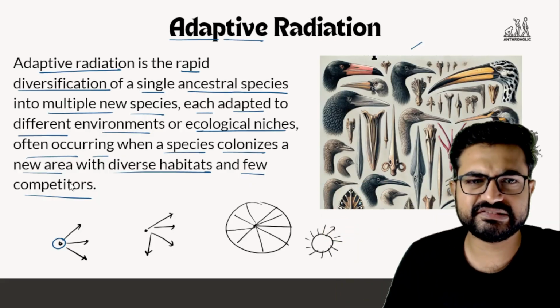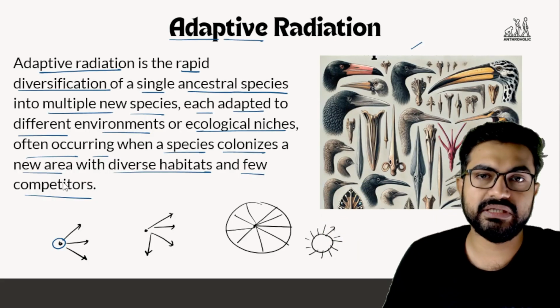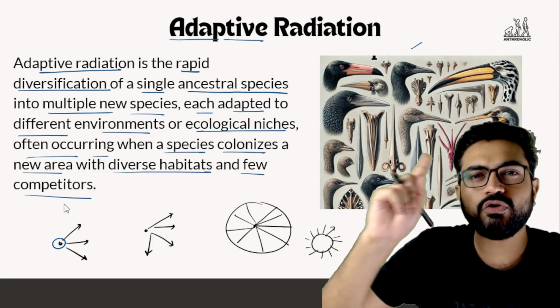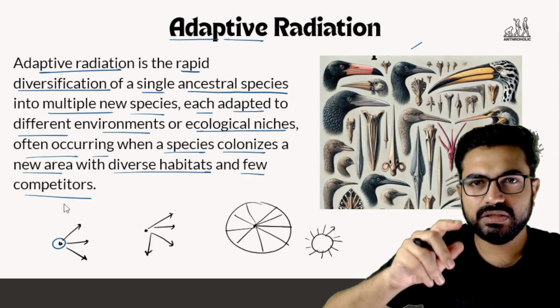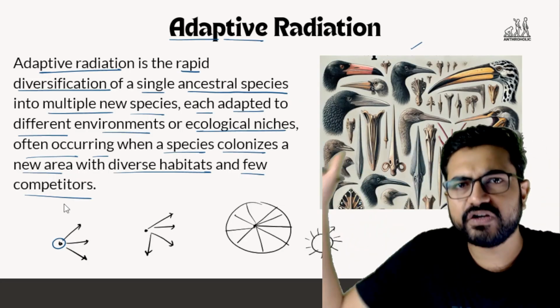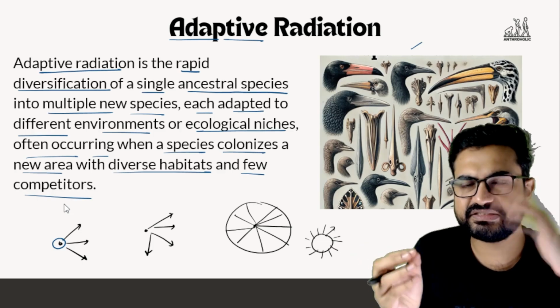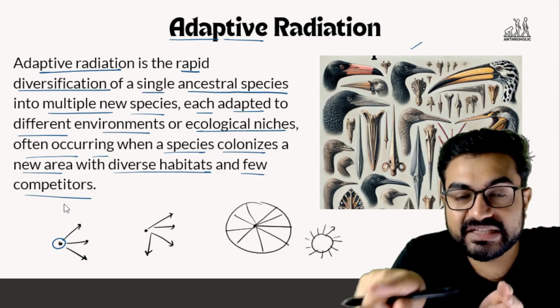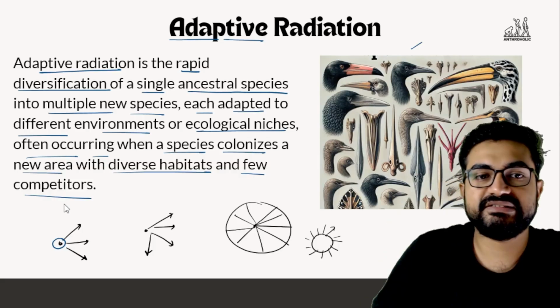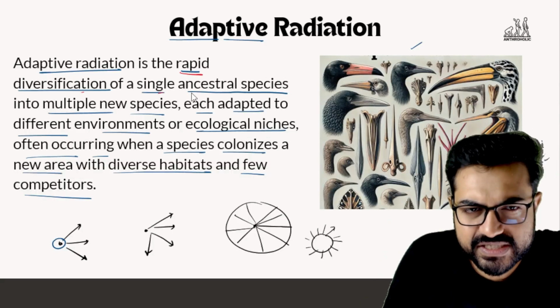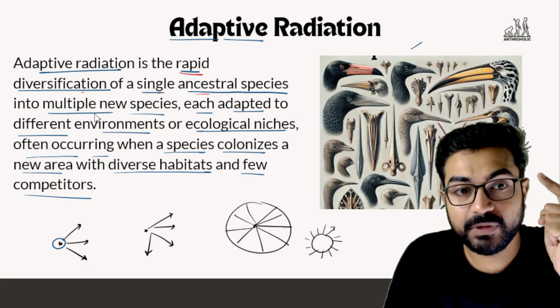And not only birds, this is applicable to any animal or any plant species, where there was a common ancestor in the story, and then rapid diversification took place. So many different forms were created, and this was evolution at play. This phenomenon itself is known as adaptive radiation, the rapid diversification of a single ancestral species into multiple new species.